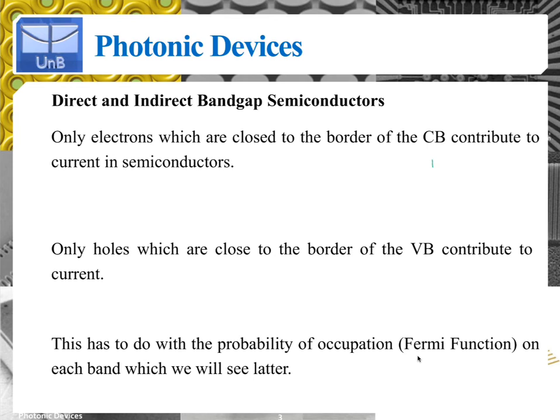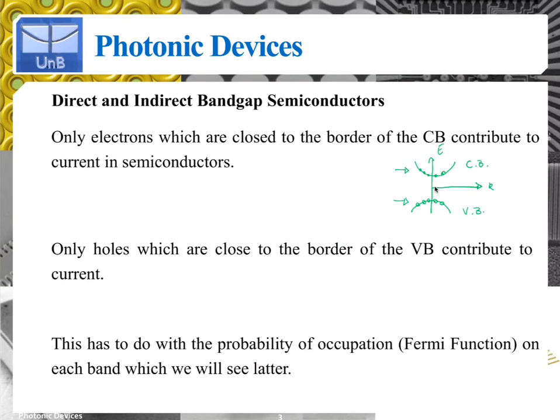But basically, if we draw the band structure, looking only at the borders, what we're saying here is that only the electrons which are right at the border, and the holes, or the lack of electrons, which are also at the border of the valence band, in this case, conduction band for electrons, these ones will be used for conducting electricity.